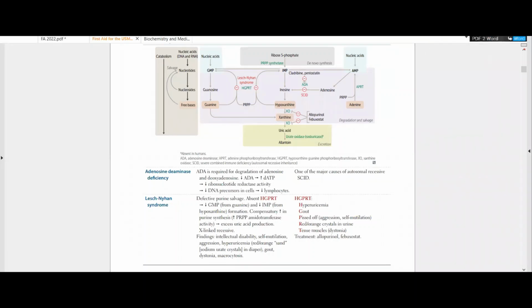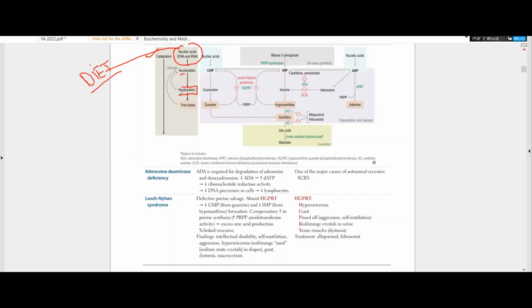Now I am going to discuss the salvage pathway. This nucleic acid comes from the diet and cell turnover. It is catabolized into nucleotides and then nucleosides. When the phosphoric acid is removed from the nucleotide, it is known as a nucleoside.